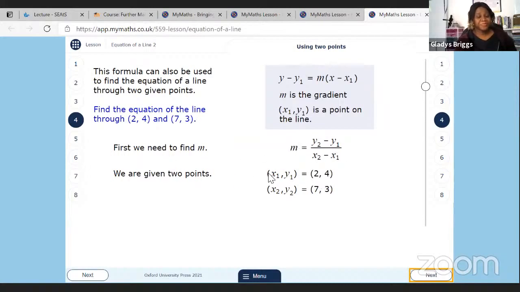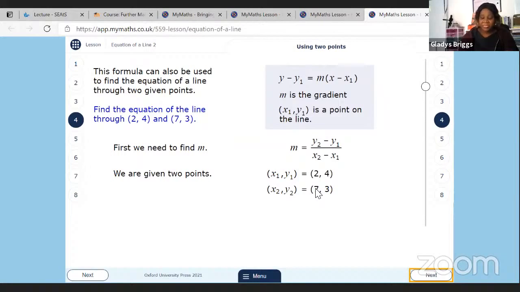So you got x1, y1, and you got x2, y2. I hope you're writing them down. Step by step, make sure that you're writing everything down, okay? I need to write it down as well so that I can be checking your work as I'm going with you. So our points are 2, 4, and 7, 3.